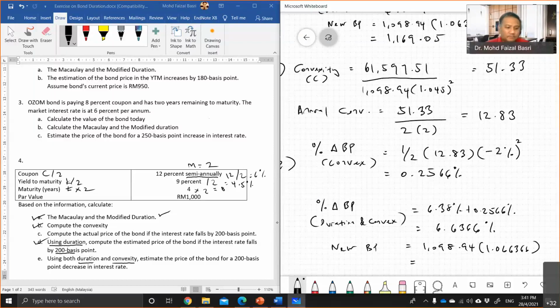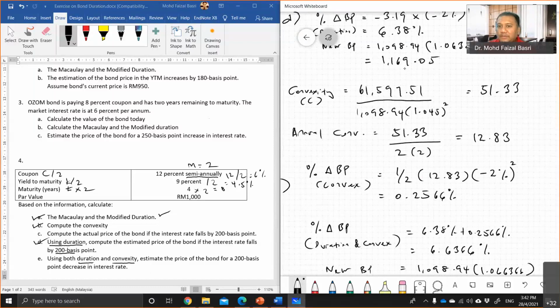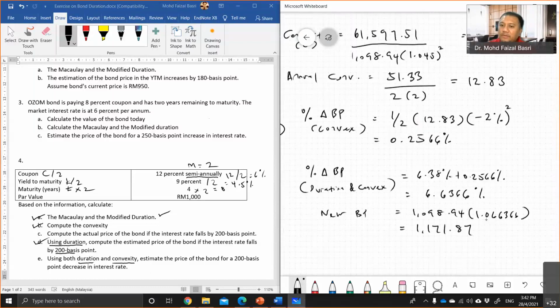Anyway, good. Plus 1 times 1098.94. So here I have 1,171 ringgit and 87 cents. This is the adjustment that we've done. From the 1169 where we had duration only, with both duration and convexity it will be 1171.87.